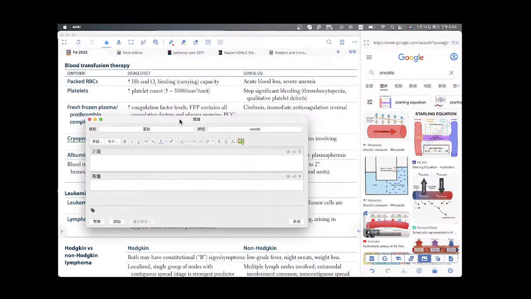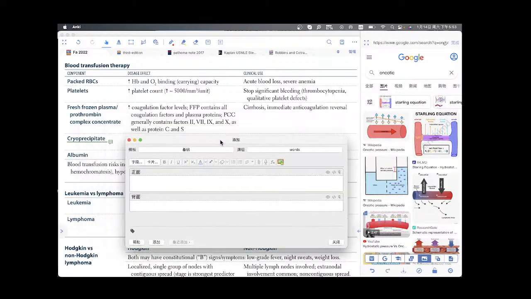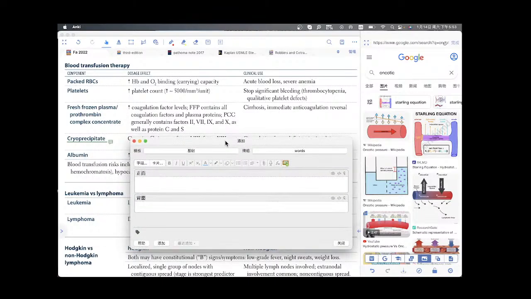Okay, because stop bleeding, neutropenia, coagulation defects, coagulation factor levels. FFP contains all coagulation factors and plasma proteins.